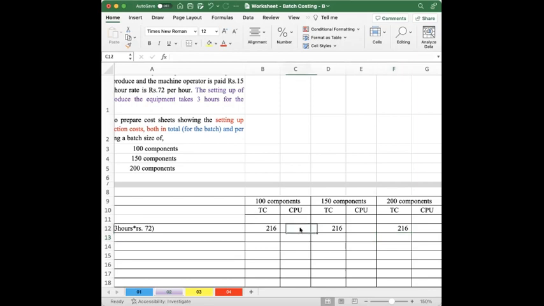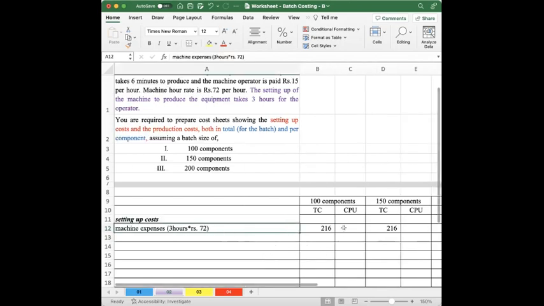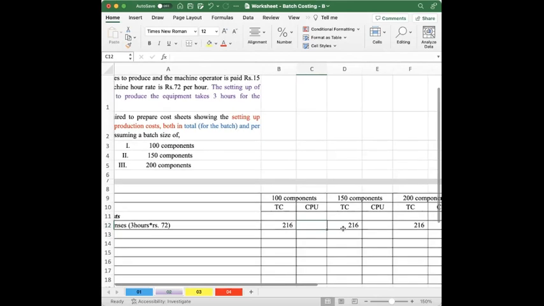Then let's find out the cost per unit. That is the one that differs. Per batch we are incurring this cost. The total cost is 216, and there are 100 components. Cost per unit will be 2.16.